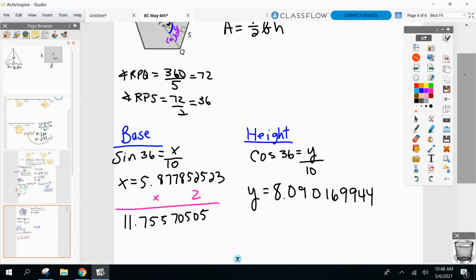Everyone, all right, got these values? So now we're going to come back up, plug in the 11.755 in for the base, plug my 8.0901 in for the height. Get my area. Remember, this is only the area of one triangle right now.